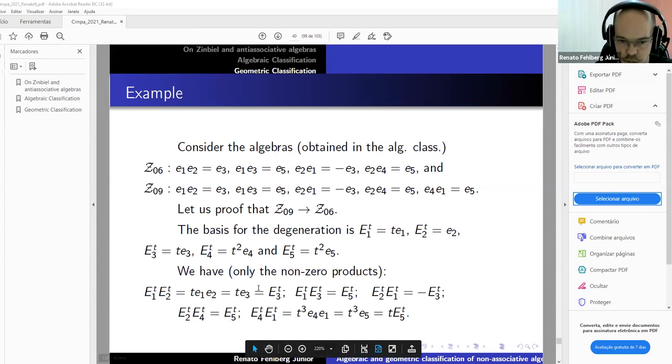Note that the first 4 products give exactly the products of algebra Z6. And there is one last product that, when you take the limit of t going to 0, will be 0. So we obtain exactly the algebra Z6, and this proves that Z9 degenerates to Z6.